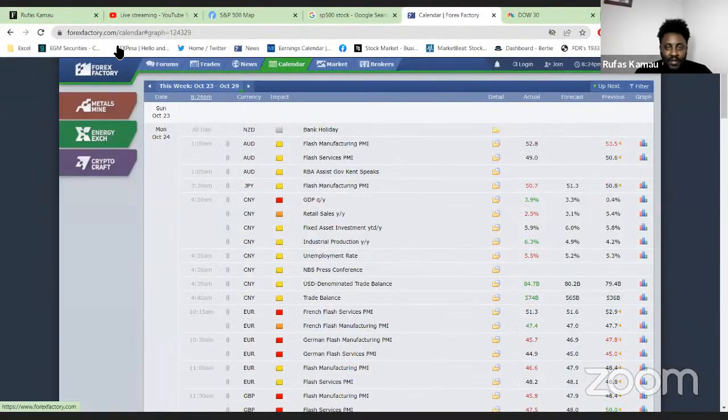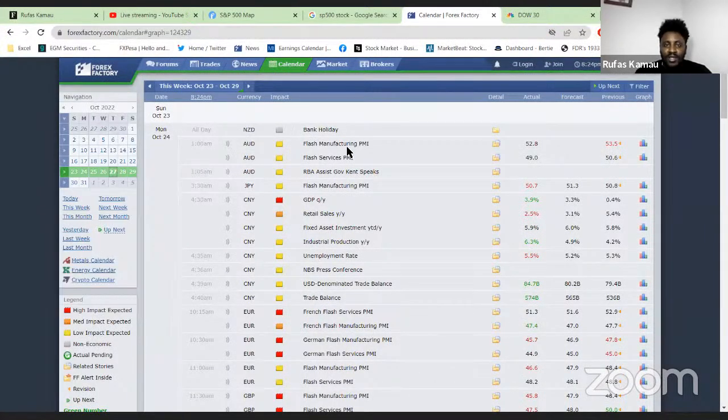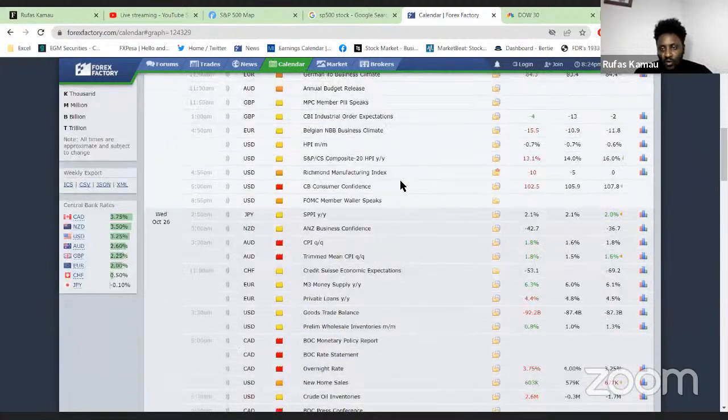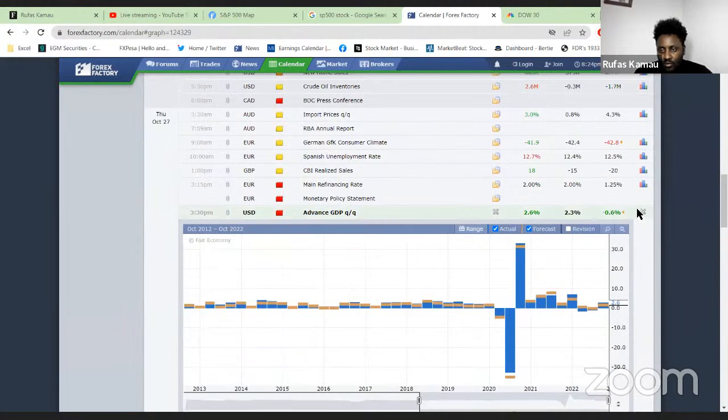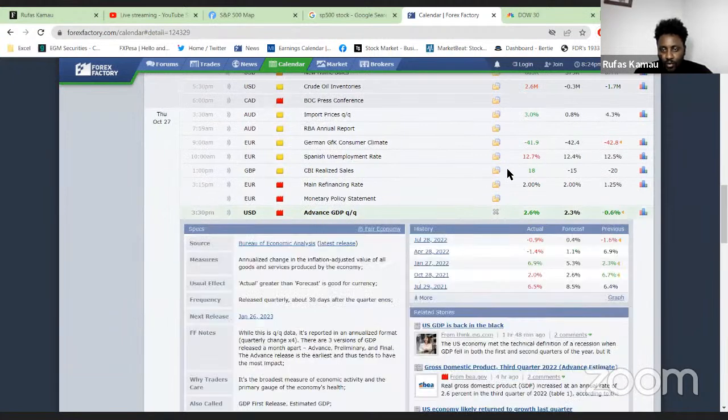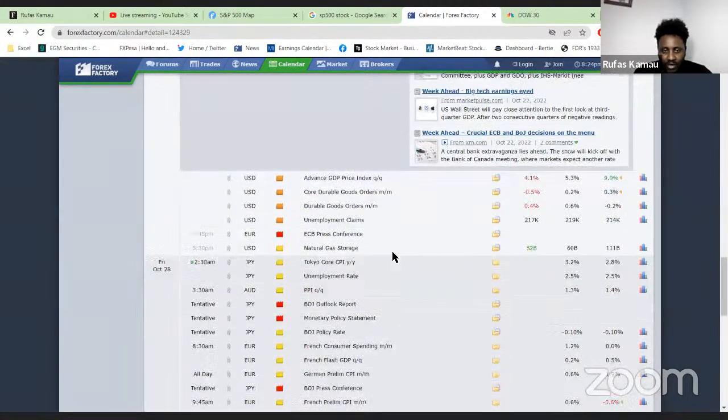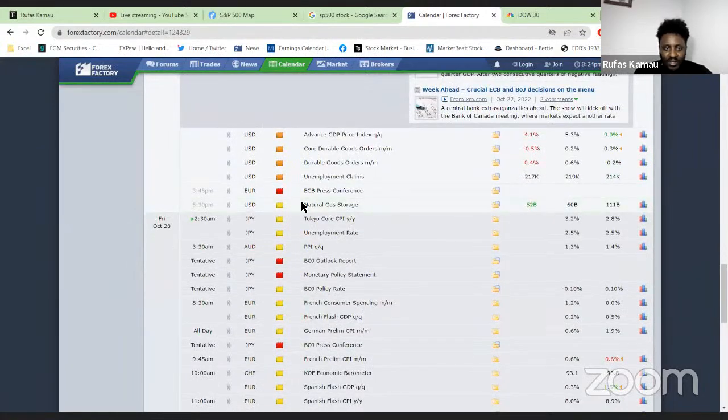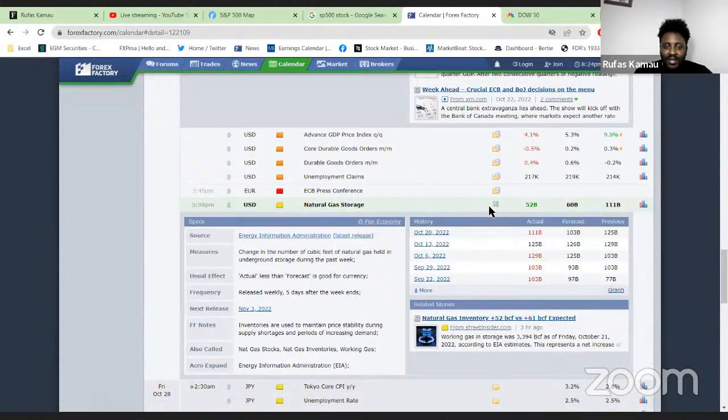The Forex Factory website and most of these economic calendars are data aggregators. They find data from different websites and then combine these data into one website. So for instance, let's look at the most recent data. The most recent data in the market was natural gas storage in the US, and this data was released at 5:30 p.m. If you click on this, you realize that this data has a source, and it comes from the Energy Information Administration in the US.